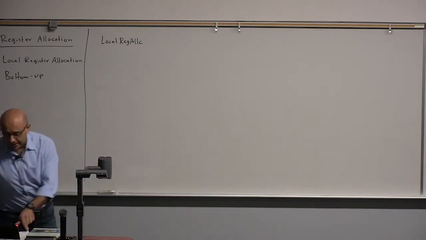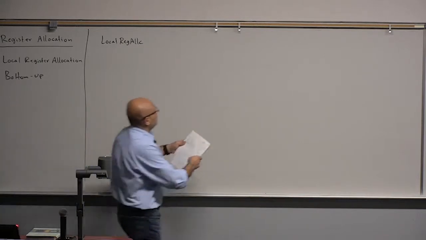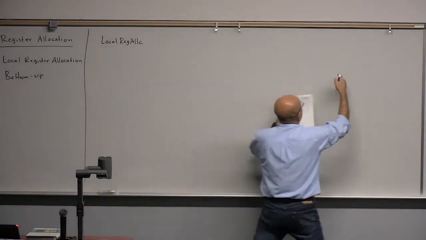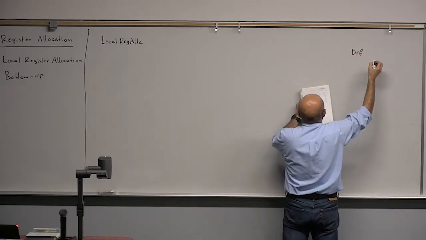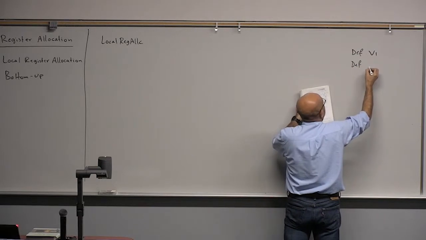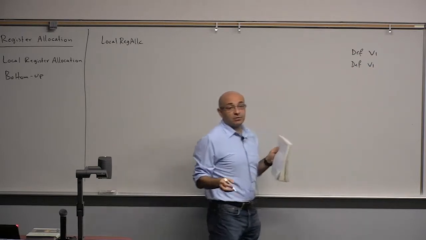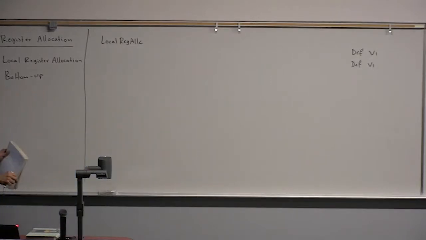The example that we had last time was something like, if we look at the example, define v1. So I'm abstracting the example here with defs and uses. So again, to revisit this, what's a definition and what's a use?